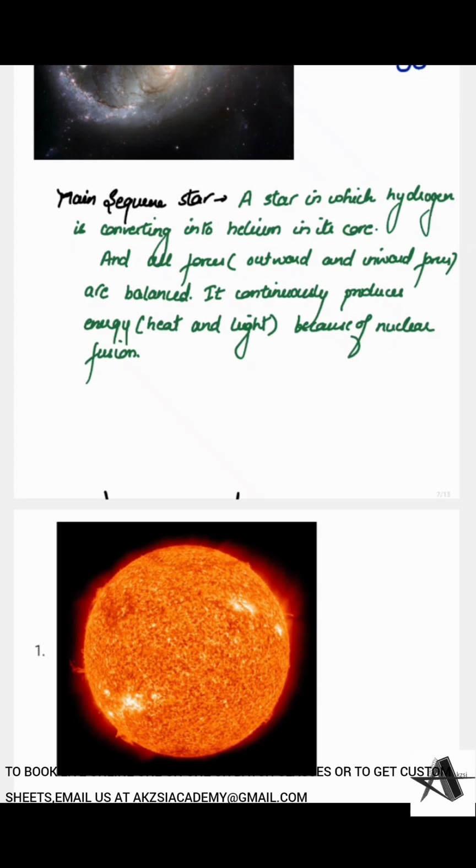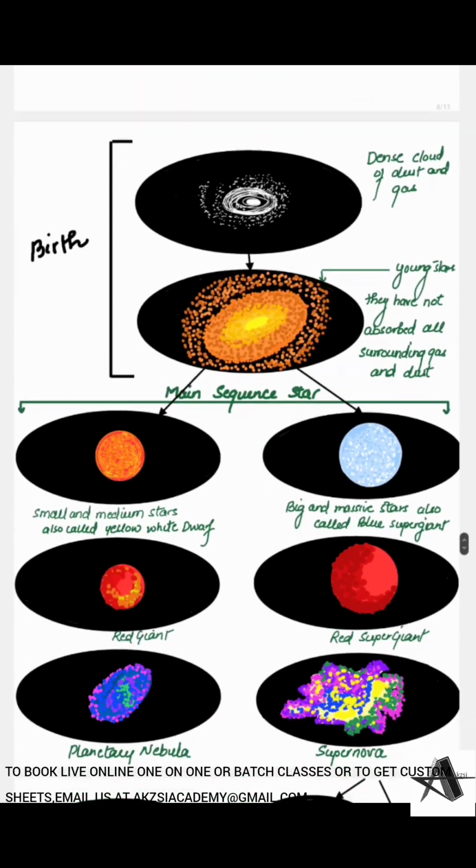Now from here the divergence of the life cycle starts. That means from nebula, protostar and the main sequence star, this life cycle is common for every star. Now the star changes according to the mass, and I can show this here.